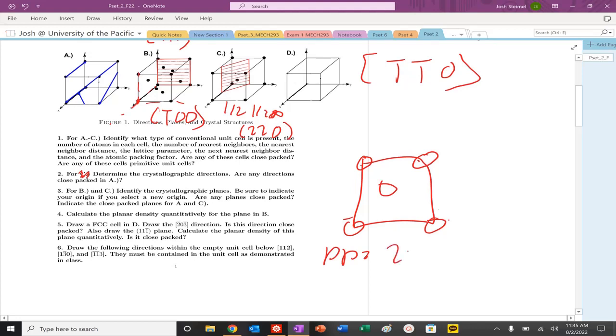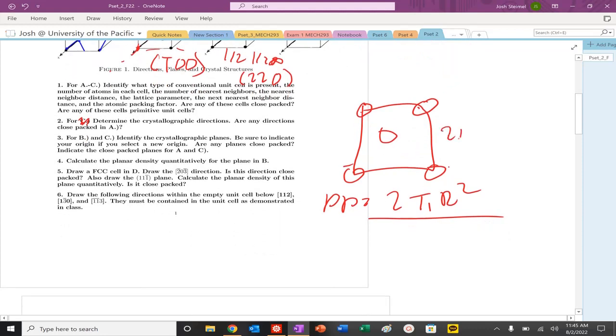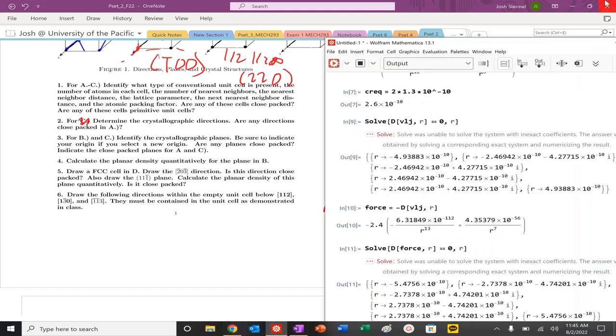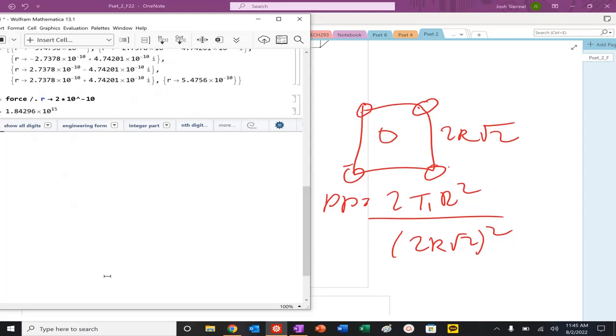So that's going to be 2 times pi r squared divided by the area of the plane, which, remember, this area is 2r square root 2. So basically 2r square root 2 squared, a squared. Let's pull out the old, this should be less than our magic number of 0.9069. So basically 2 times pi times r squared.